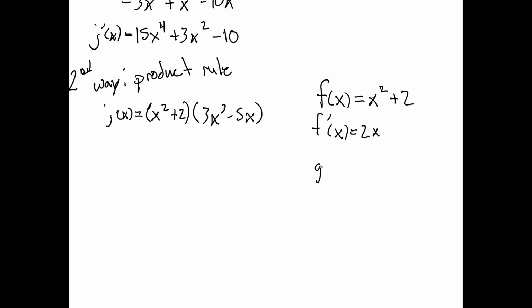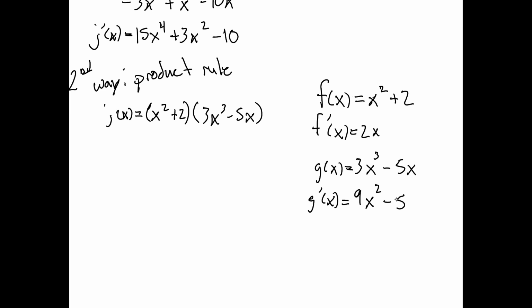Now g of x is 3x cubed minus 5x. G prime of x, the derivative of g, we take our exponent of 3, and we multiply by the coefficient 3, we get 9x, bring our exponent down 1, squared, negative 5x becomes negative 5.